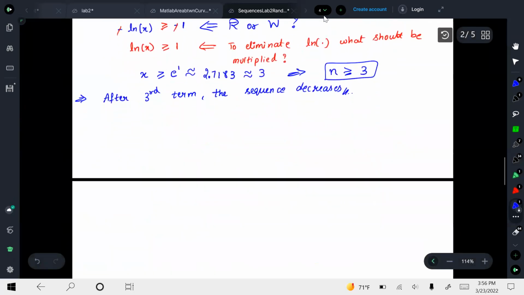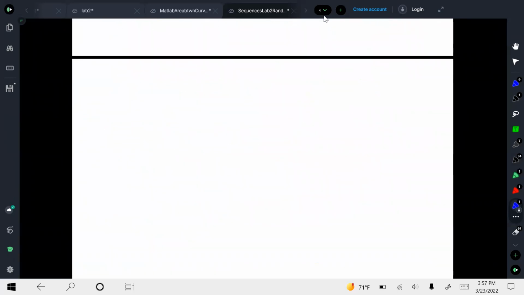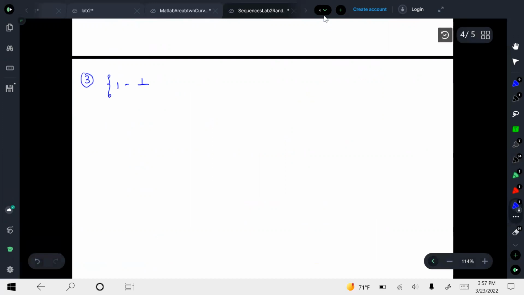Okay. Now, example 3. You have a sequence given, 1 minus 1 by 4 to the power of n. The question is, show that the sequence is increasing and find its upper bound.